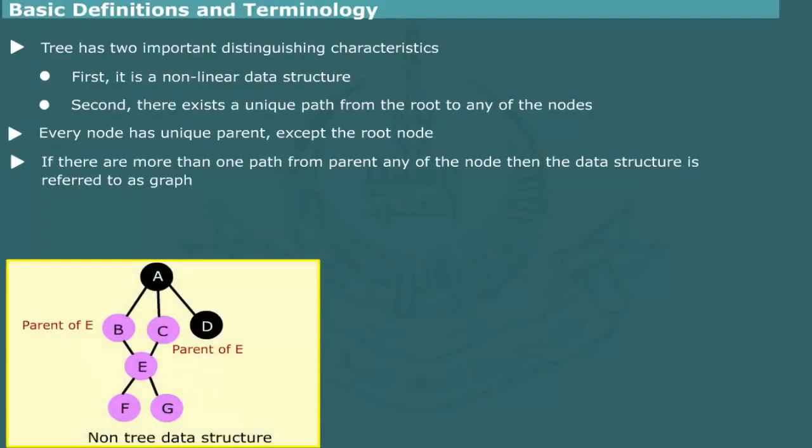Figure shows an illustration in which node E has two parents, B and C. Also note that G has two paths to the root, namely G, E, B, A and G, E, C, A. Thus, we conclude that the data structure is not a tree.